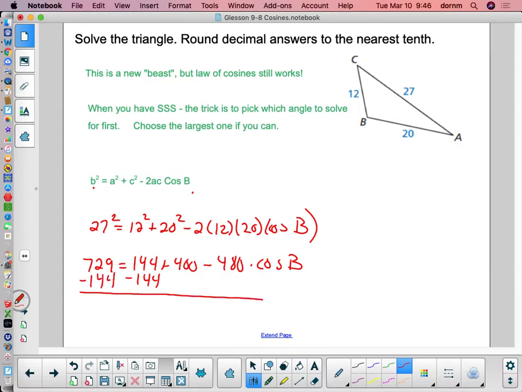So now I have 585 equals 400 minus 480 cos B. And then I subtract the 400.